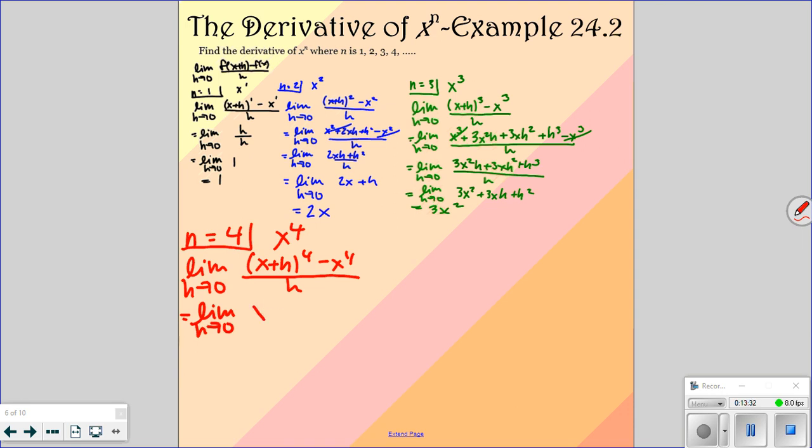So if you distribute, you'll have x to the 4th plus 4x cubed h plus 6x squared h squared plus 4x h cubed plus h to the 4th minus x to the 4th all over h.